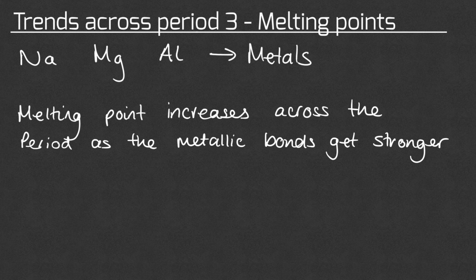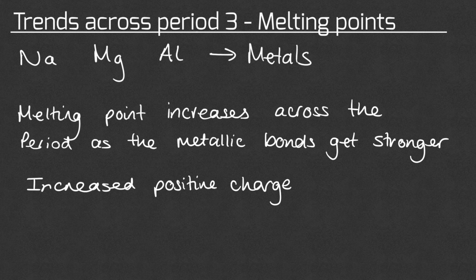So out of those 3 metals, sodium has the lowest, then magnesium, with aluminium having the highest melting point. The reason the metallic bonding gets stronger as you go across the period is that you have an increased positive charge. So for example, sodium is a 1+ charge, magnesium a 2+, and aluminium a 3+.